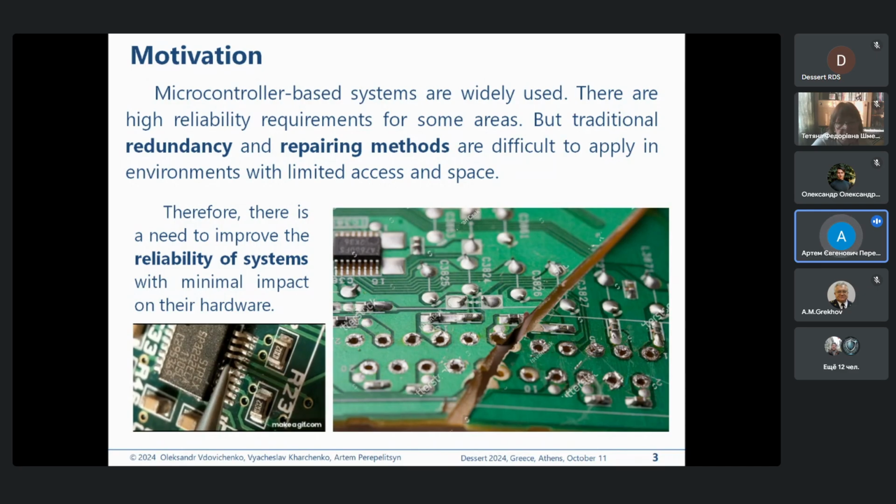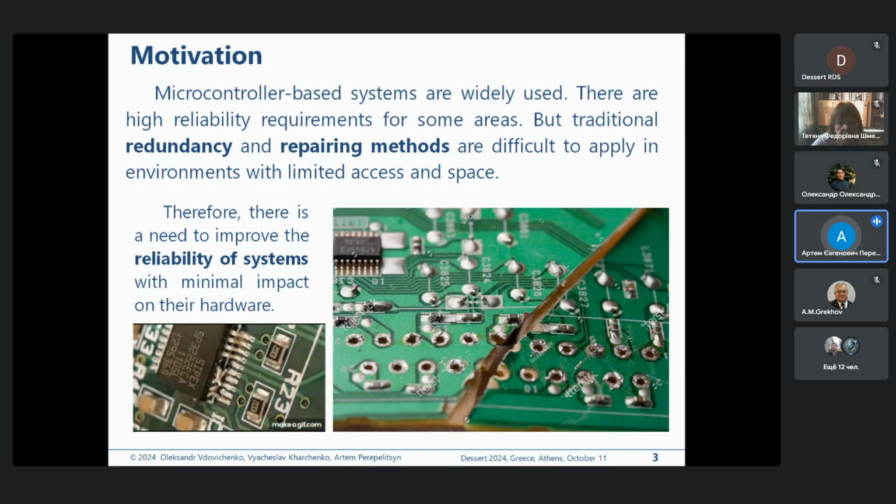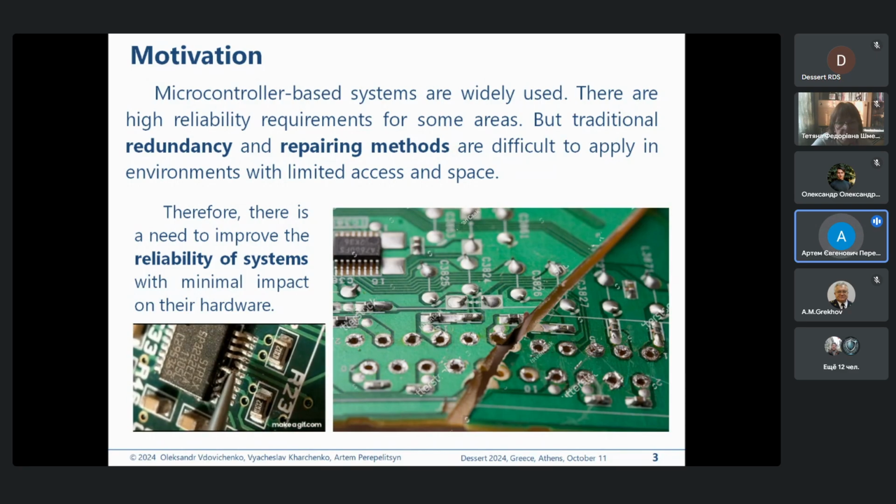In this way, it's possible to save the workability of the device. And it can be applied everywhere where such microcontrollers are applied. But first of all, we consider non-critical applications. The application of such results to critical areas is also possible, but requires additional research.